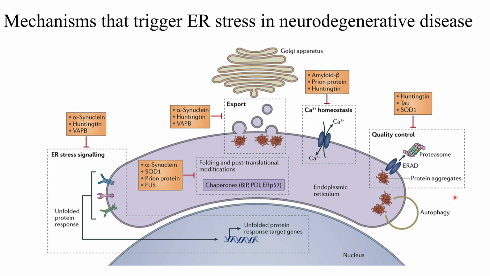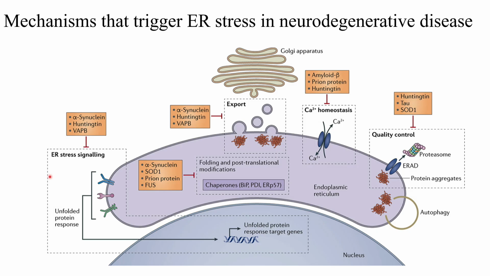Now, if you see all the different neurodegenerative diseases, and their hallmarks and their impact on the endoplasmic reticulum, there are many studies, and if we sum up the studies in one particular diagram, we can see that if there is alpha synuclein load in the neurons, or Huntingtin load in the neurons, or VAPB load in the neurons, it influences endoplasmic reticulum signaling and the unfolded protein response.